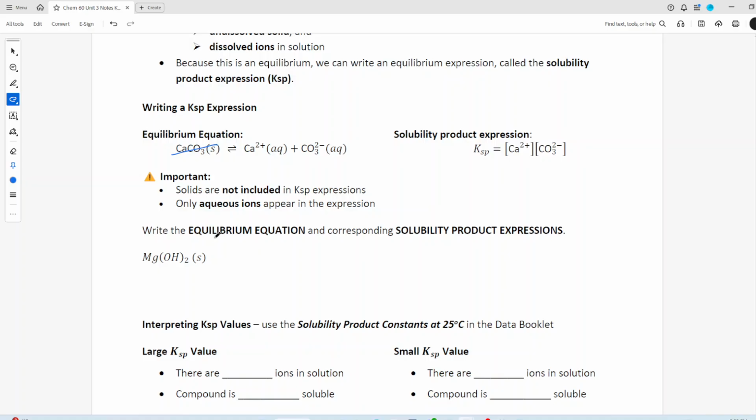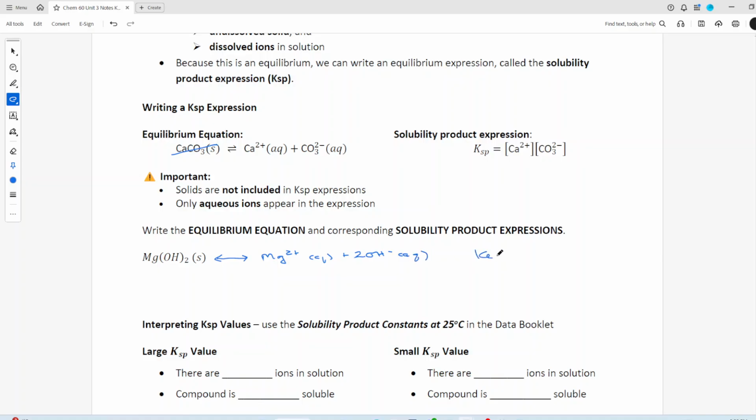I want you to write the equilibrium equation and corresponding solubility product expression for magnesium hydroxide. The first thing we would do is write the equilibrium equation for magnesium hydroxide. Magnesium hydroxide would break up into magnesium ions and hydroxide ions, and you'd have 2 hydroxide.